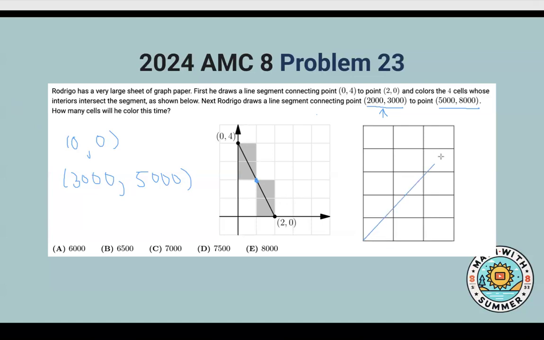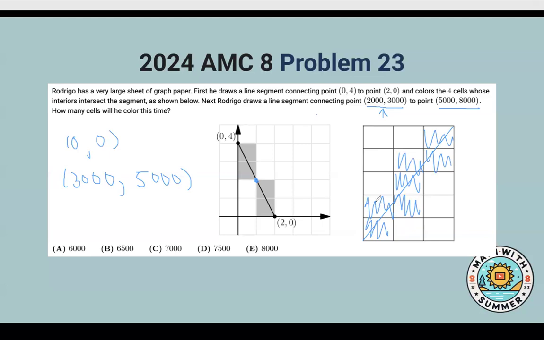If I connect these two corner points, we can see that here it doesn't cross any lattice points. So it hits all of these squares here. We have 1, 2, 3, oh sorry, I missed that one, 4, 5, 6, 7.